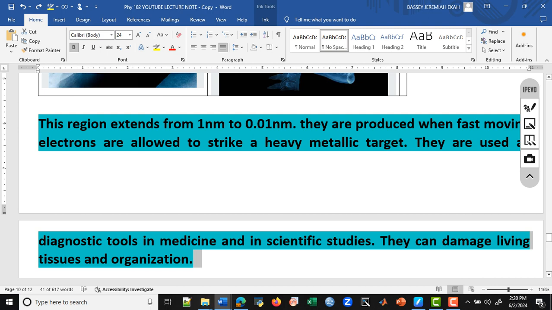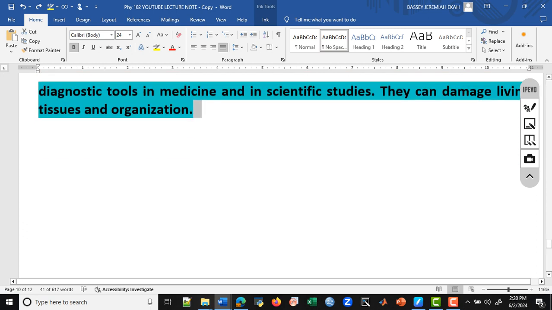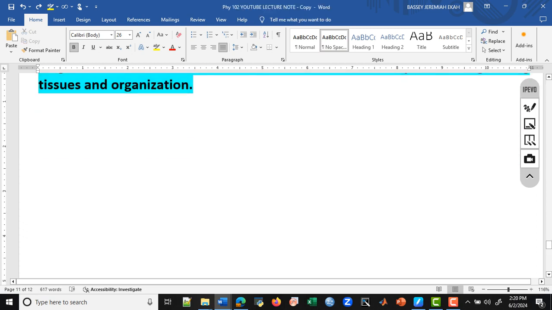Alright, so let's consider the UV ray, the ultraviolet ray. Ultraviolet radiation region extends from 380 nanometer to 600 nanometer.